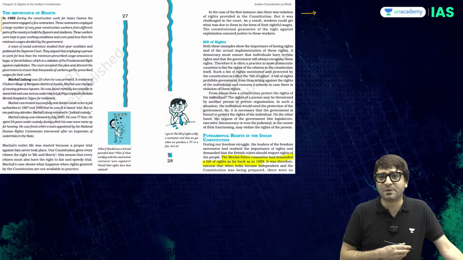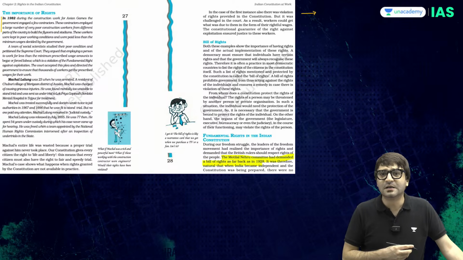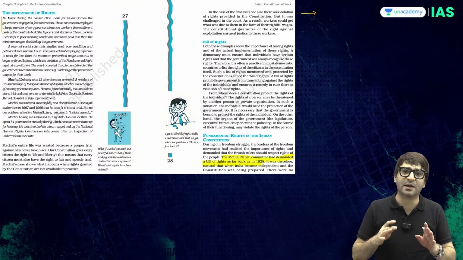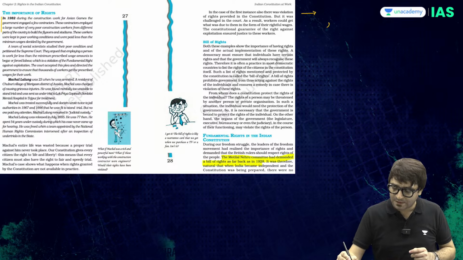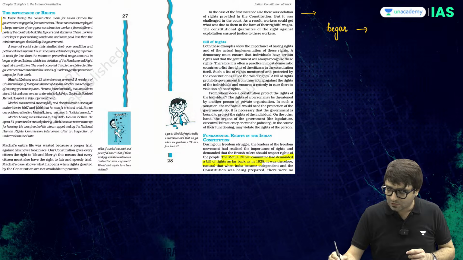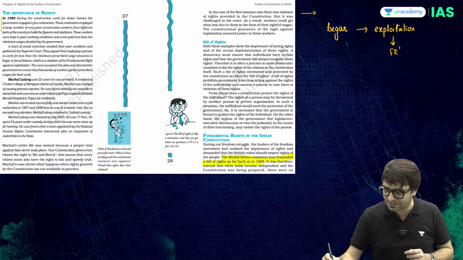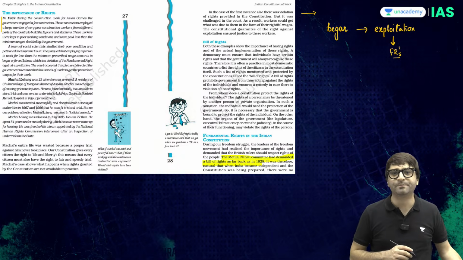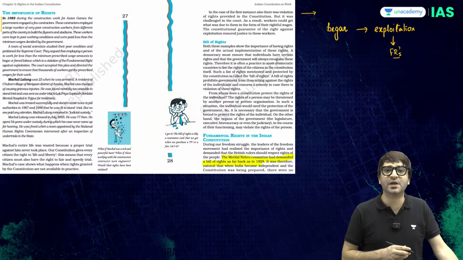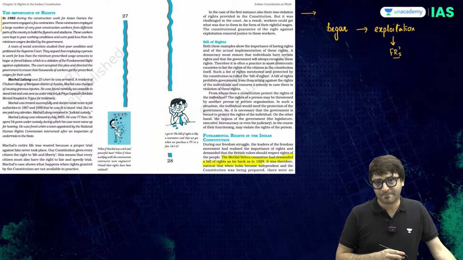One organization, People's Union for Democratic Rights, approached the Supreme Court and said, "My lord, this is begar, or this is exploitation," which means it violates the fundamental rights mentioned in the Constitution, because Article 23 prohibits exploitation.